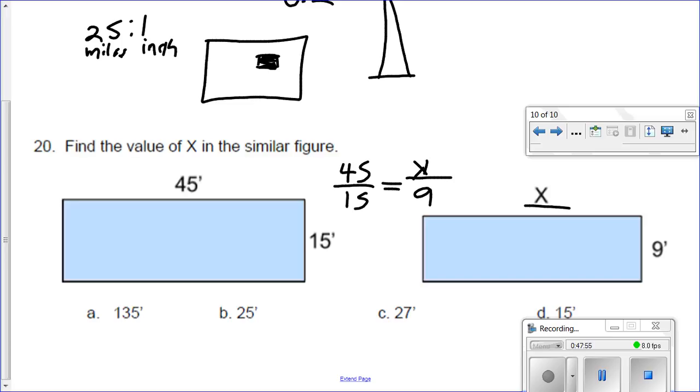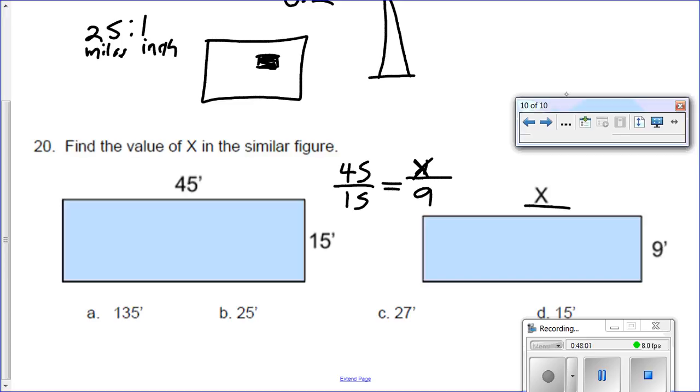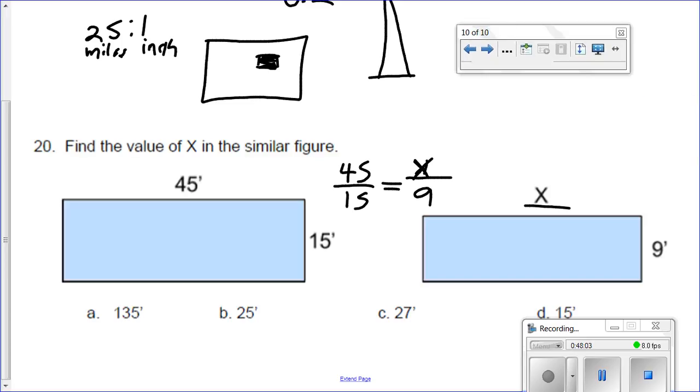Then we can do our little cross multiplication trick. Cross multiply this, 9 times 45, and then cross multiply this way, it equals 15x. Then we solve for x. And when we know what x is, we know what the answer is.